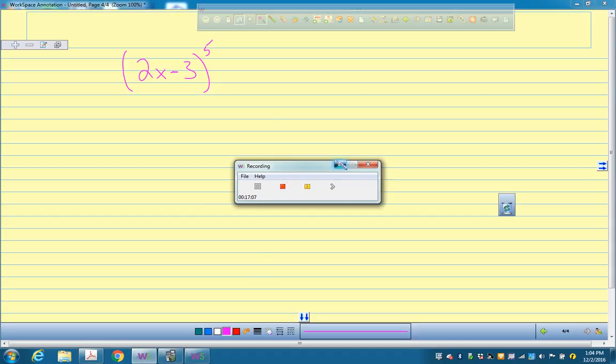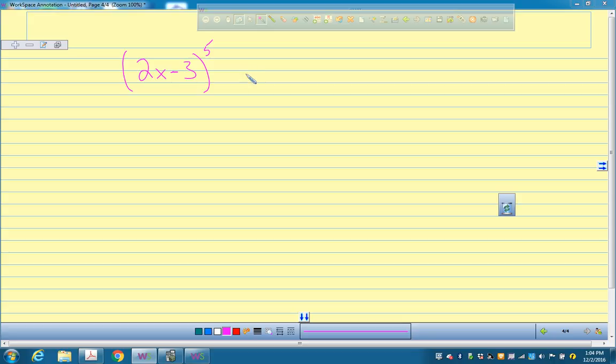Move it up. So if I saw something like this, you consider this whole thing to be like X and this whole thing to be like Y. So you have to be careful with something like this because it's going to start off with 5 combination 0, 2x, the whole thing raised to the 5th power, negative 3 raised to the 0 power, right?